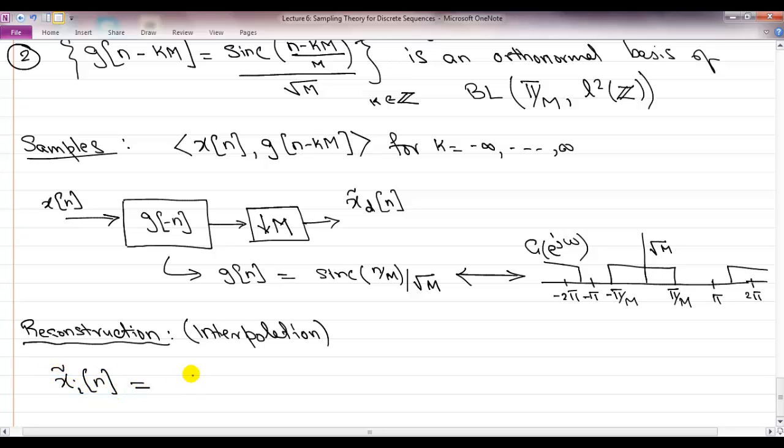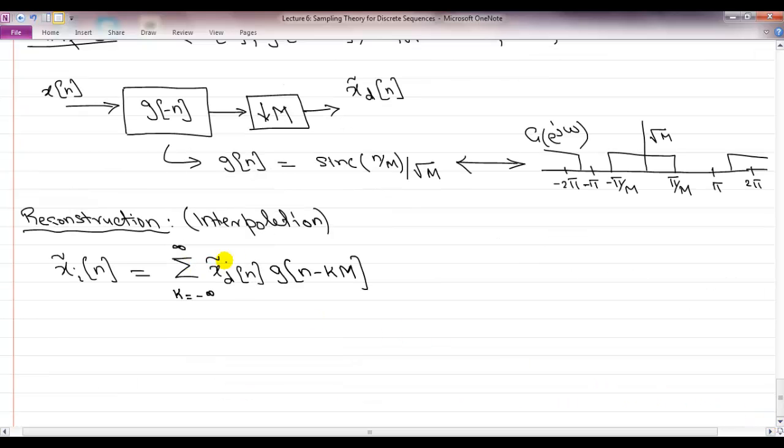That should be simply equal to the sum of all the inner products, which are just x tilde dn, multiplied by g of n minus km, k equals minus infinity to infinity. Sorry, x of k.